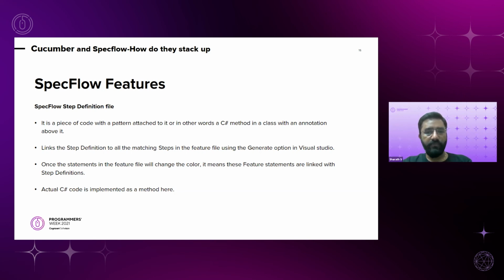Within the feature file, whatever we have added as a scenario, there would be a slight change in color. That means these features are linked to that particular definition. In the definition file, it's basically the C# code that is implemented as a method.